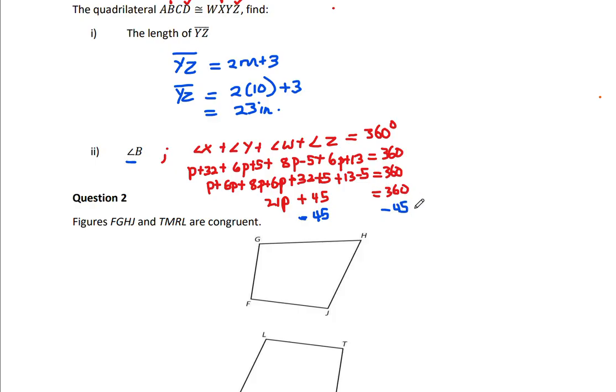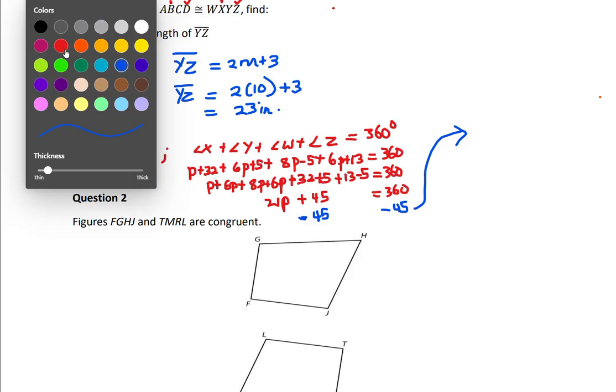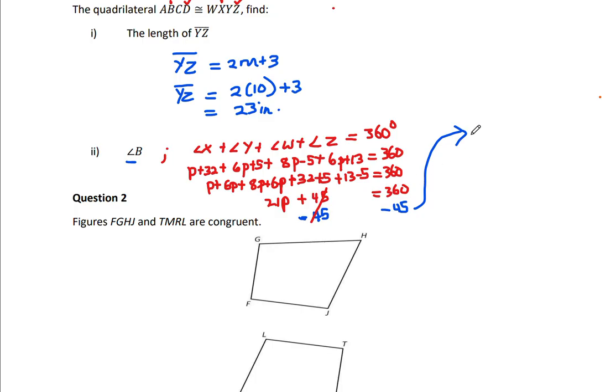So I will subtract 45 from the right-hand side as well. 45 minus 45 is 0, so on the left side I'll only be left with 21P. On the right side, I have 360 minus 45, which is 315. So this is saying 21 multiplied by P is equal to 315.